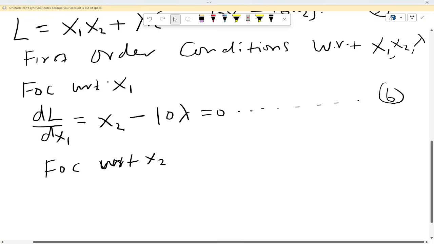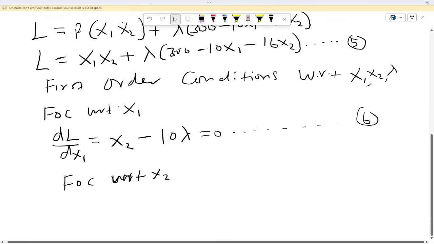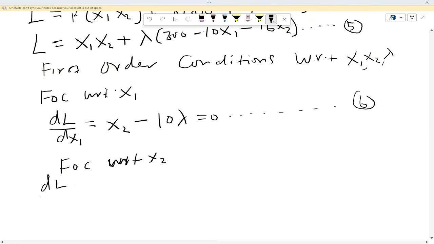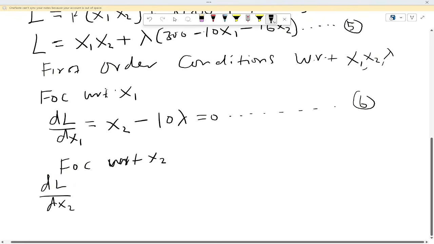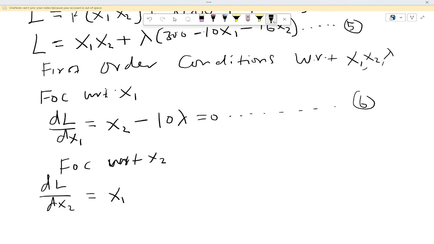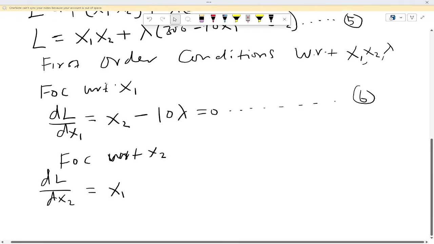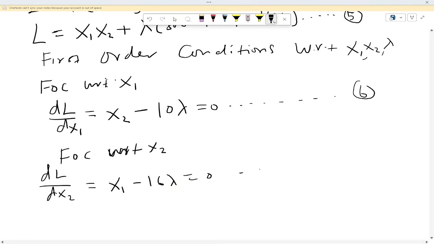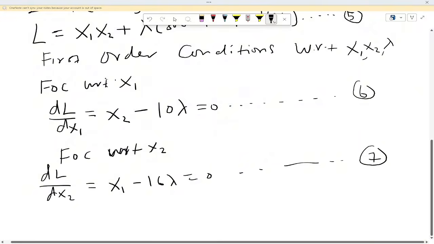So you have the L, and with respect to x2, you are left with x1. Then with respect to x2 in the 16, you are left with minus 16 lambda equals 0. Now this is your equation 7.